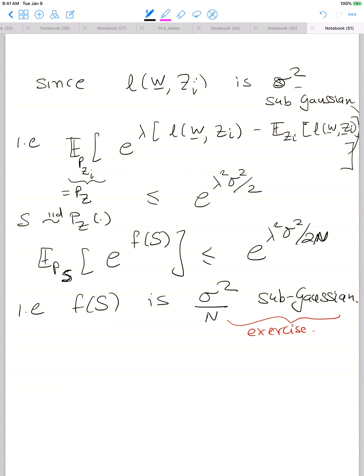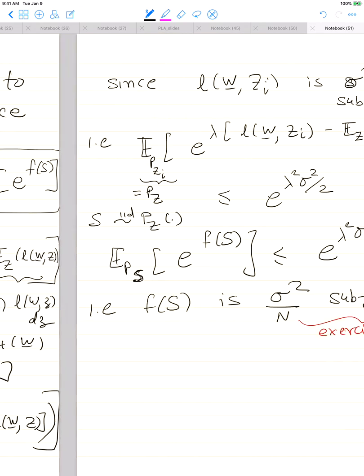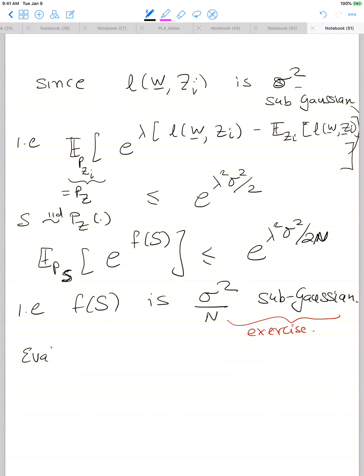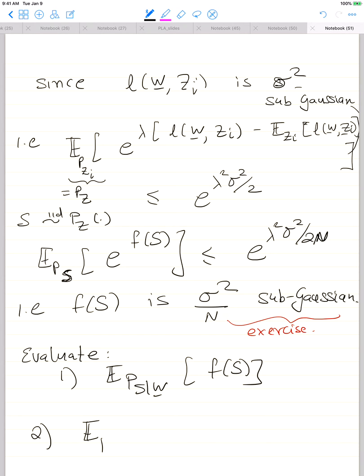So we want to evaluate, again let's go back to this quantity. We need to evaluate two quantities. One is the expected value over P of S given W of f of S, and the second is the expected value over Ps of the log of e to the f of S. This one is immediate because f of S is sigma square by n sub-Gaussian.